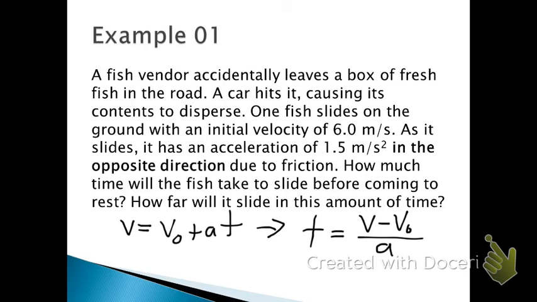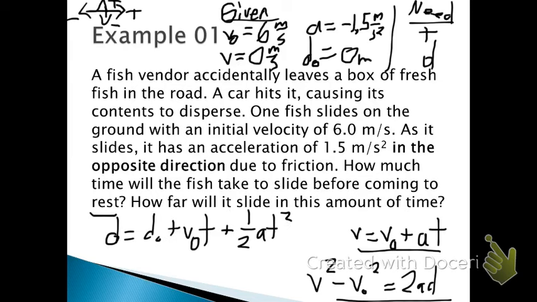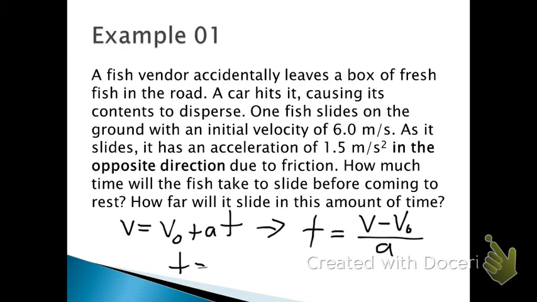But I end up with t equals v minus v naught all over a. Now I'll go ahead and plug in my values. So t is going to be, let's see, v is my final velocity, and over here on my givens I have that is 0. 0 minus v naught is my initial velocity, well that's 6.0 meters per second.